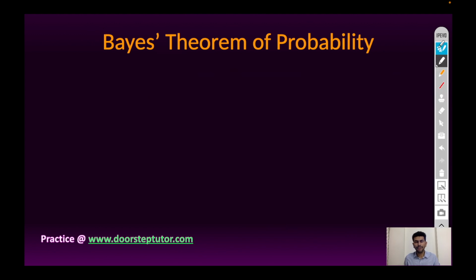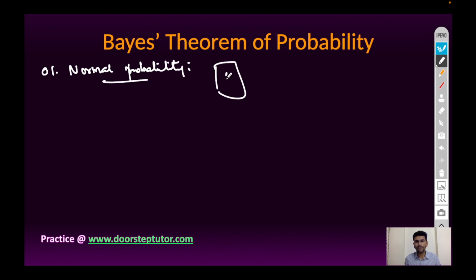So let's start with a very basic example. Normal probability. So if we are given two boxes, box A and box B, and we have to select one box, then what will be the probability of selecting box B?